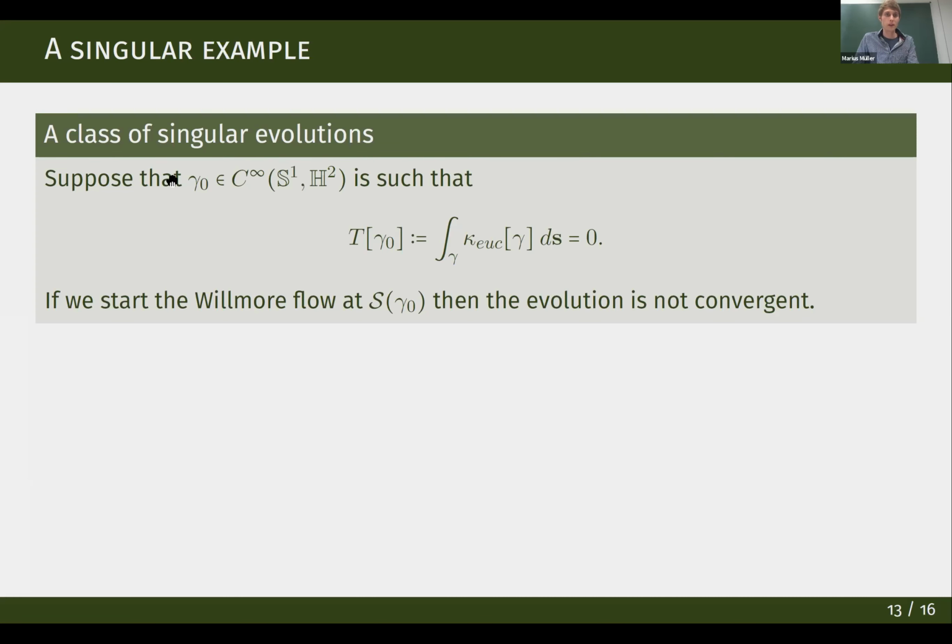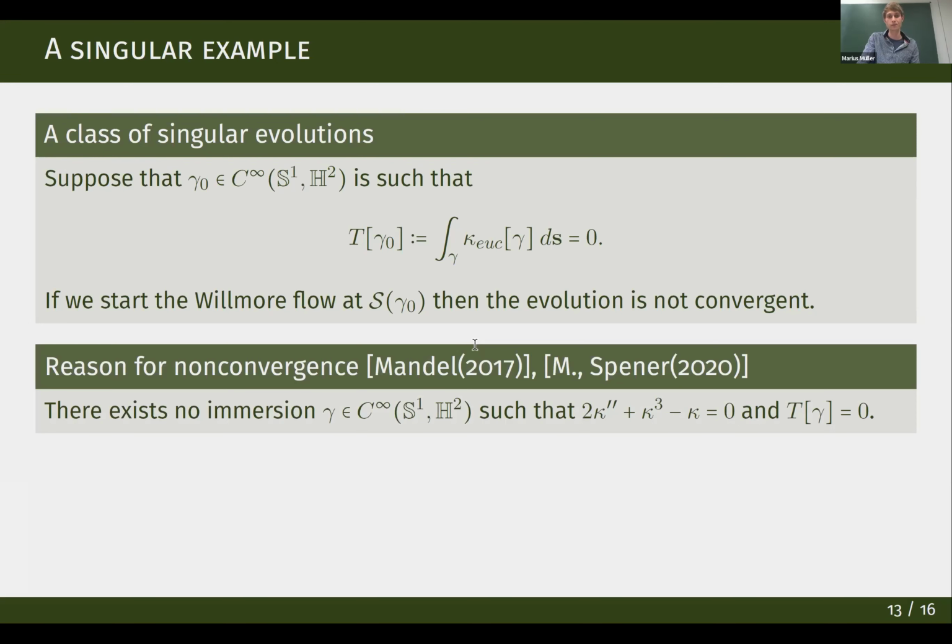So here I claim that if we have a closed curve such that if you integrate over the Euclidean curvature and not over the hyperbolic curvature, and you get a 0 there, if you start the flow with such a curve, then the Willmore evolution of the surface of revolution associated to this gamma naught is not convergent.